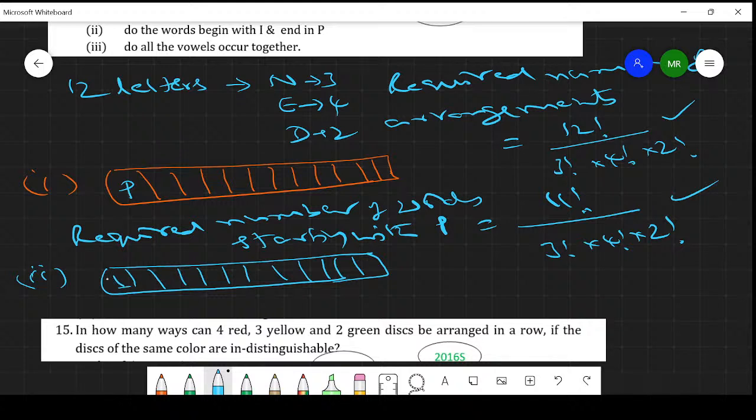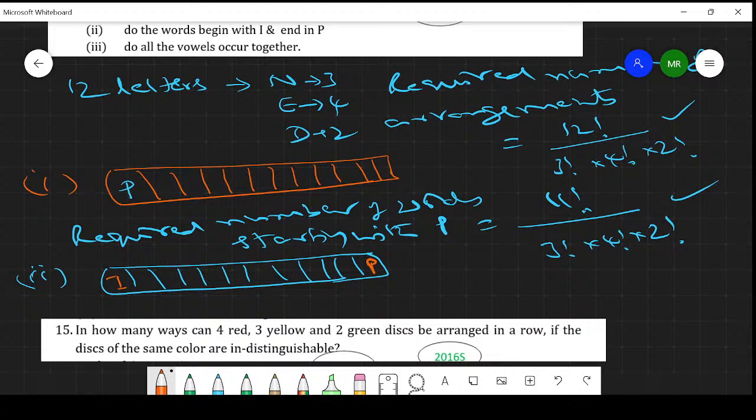You fix I here. They are asking to fix I and end with P. Out of the total 12 letters, the remaining I should fill with 10 boxes only. So you will get 10 factorial divided by, because these are not repeated letters.